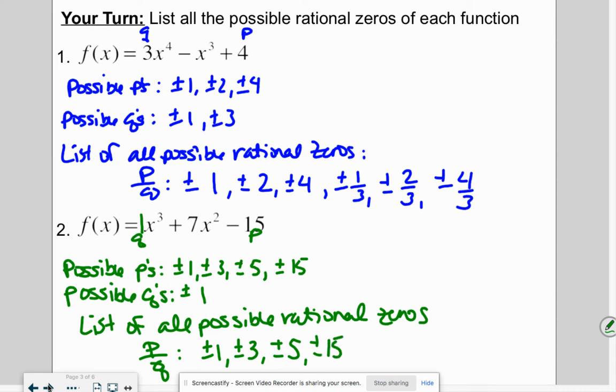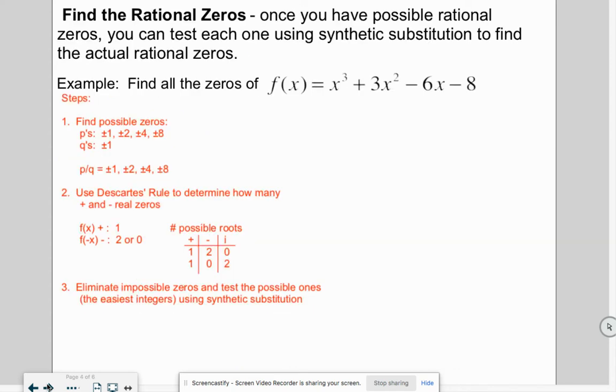And so again, just to reiterate here, why are we doing this? Because if we're trying to find the possible rational zeros, we don't want to just randomly choose numbers from an infinite list. We want to choose numbers from a list that we know are possible zeros. So now we've gone from an infinite list down to 8. All right? Because it's kind of a guess and check method. So that's where we're headed now. How do we do this?